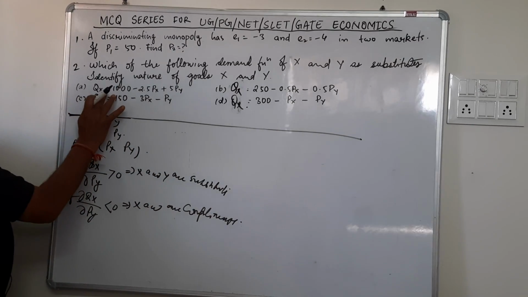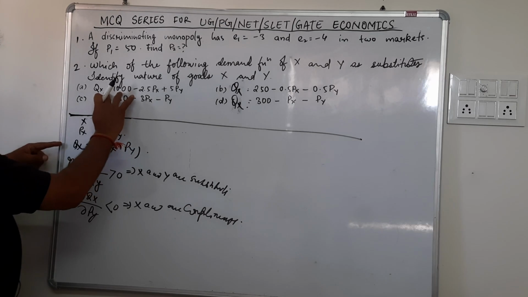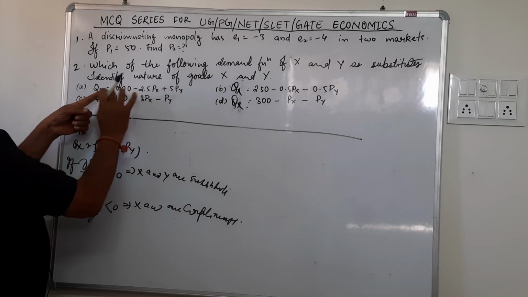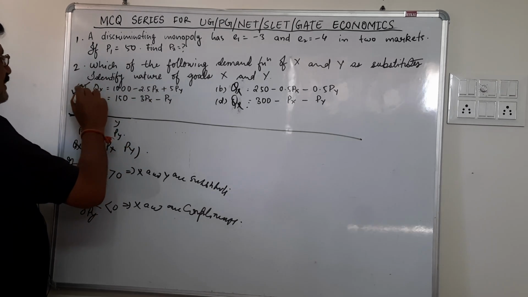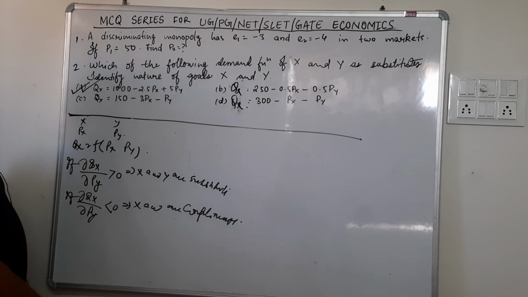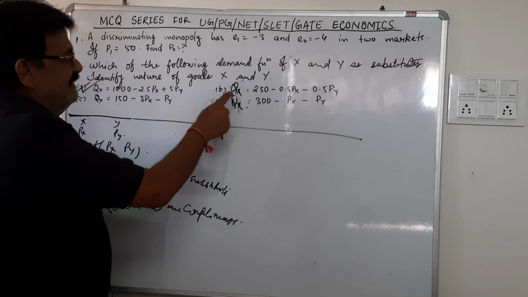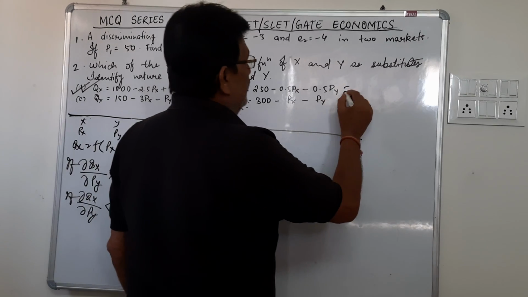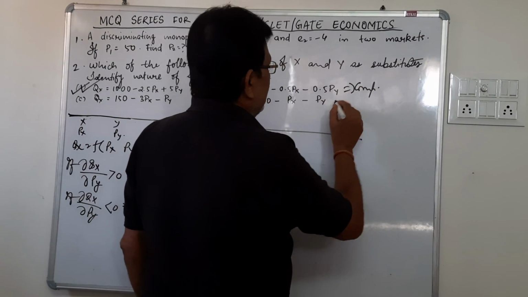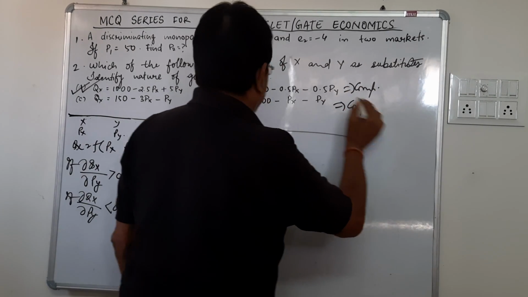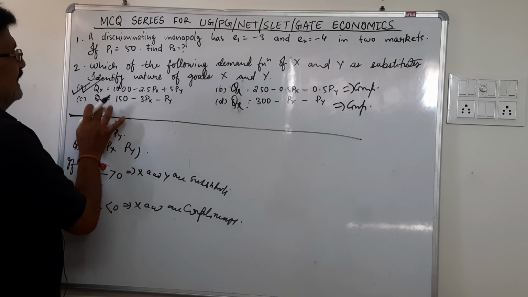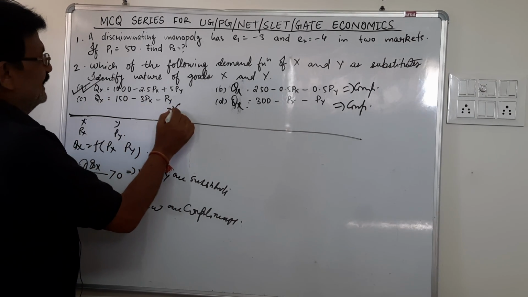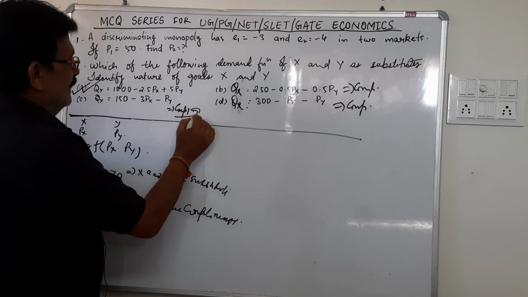Now in A, delta Qx by delta Py is plus 5, so definitely this is for substitute goods. In the rest of the 3 demand functions, delta Qx by delta Py is minus 5, which is complementary goods. This is once again complementary goods, and in this one delta Qx by delta Py is minus 1, so this is complementary goods.